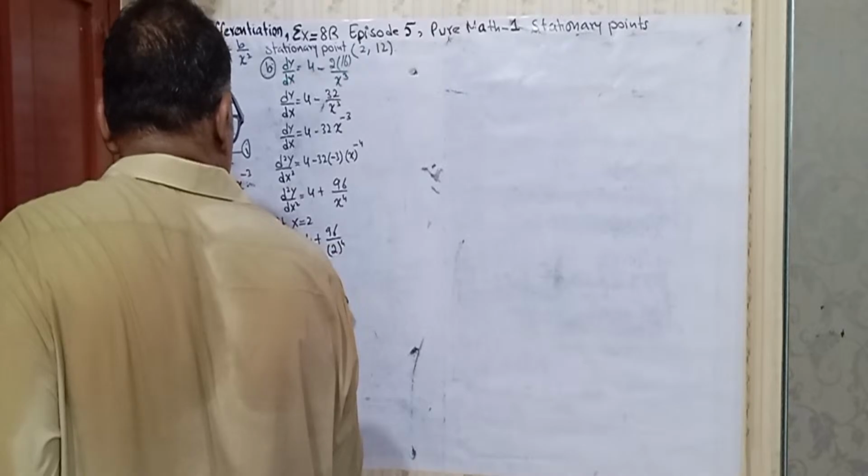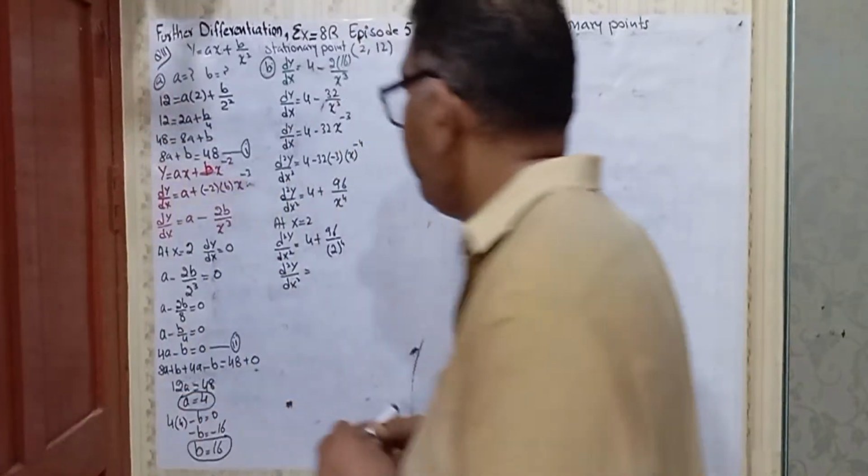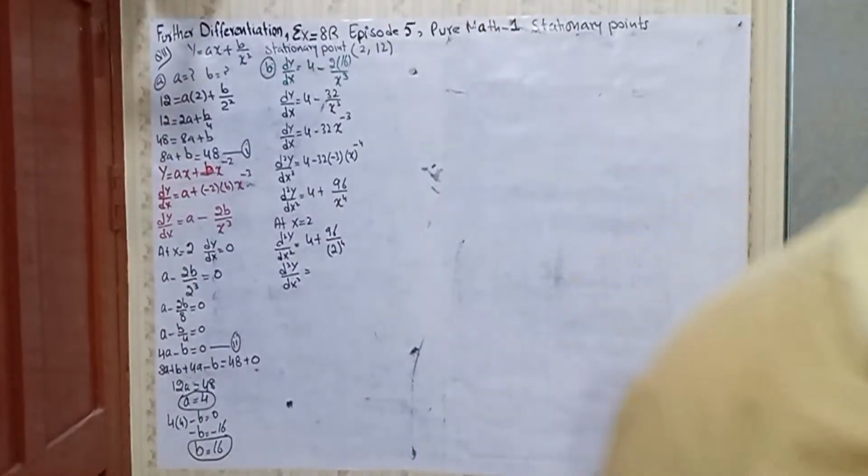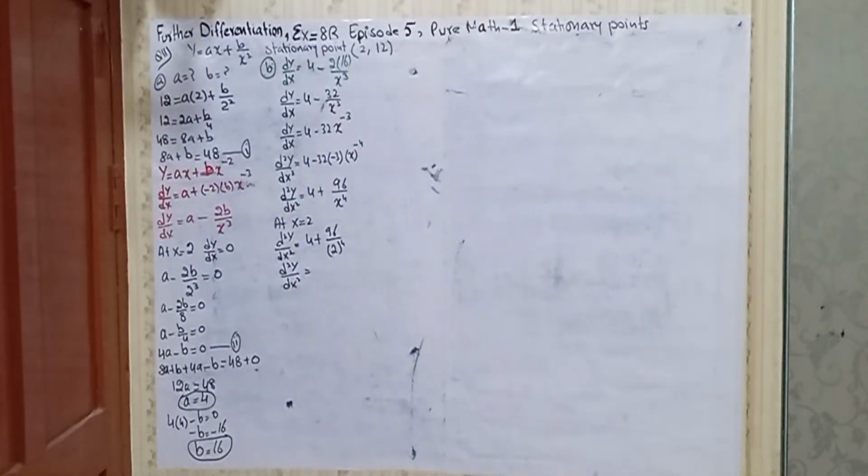Let me use my calculator, and it will be a positive value without any doubt. 4 plus 96 divided by 2 raised to power 4 is equal to 10. So the second derivative's value is 10.